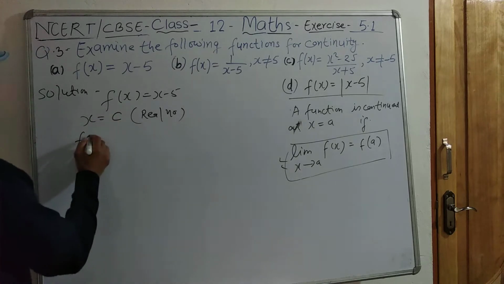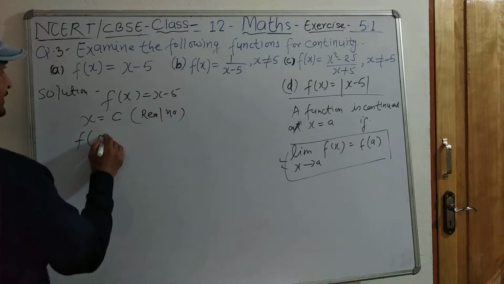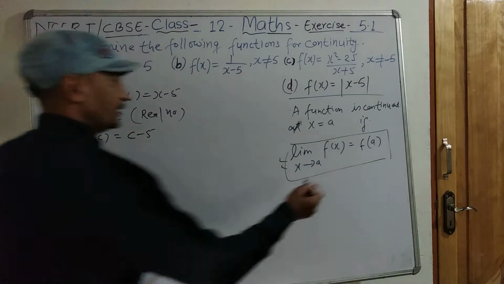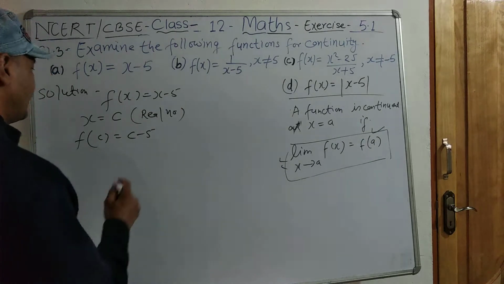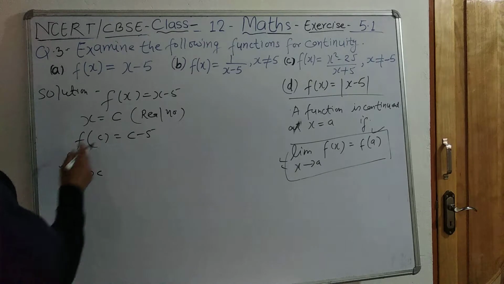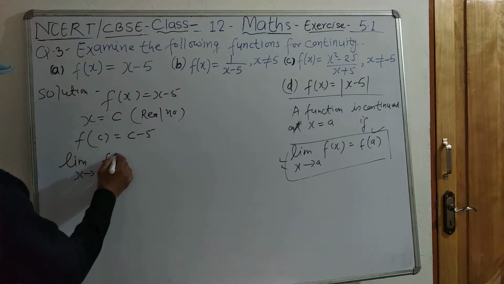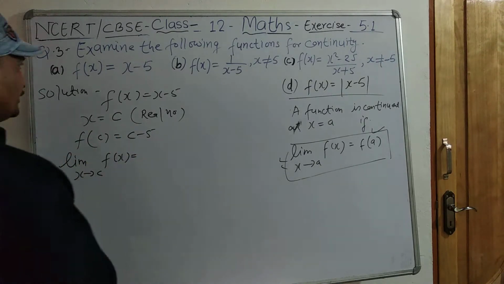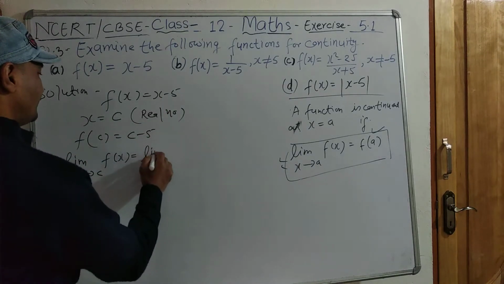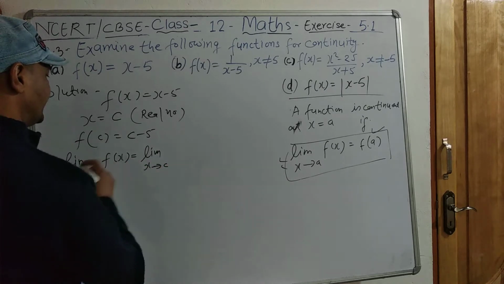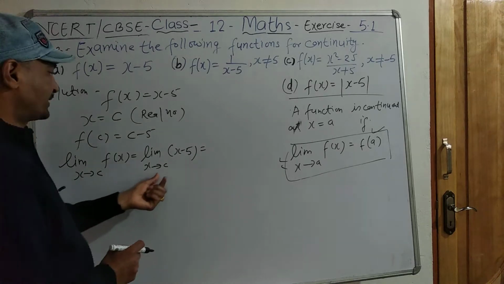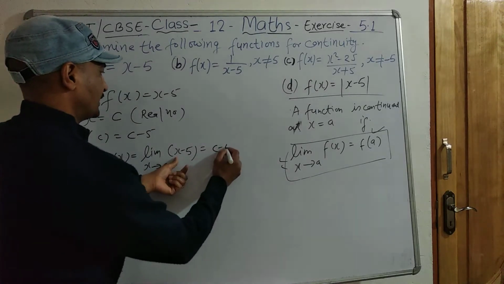Here, f of c is equal to c minus 5. We have checked the function, and now limit x tends to c of f(x). What is f(x)? Limit x tends to c, the function is x minus 5, and for the limit we put x tends to c, so we get c minus 5.